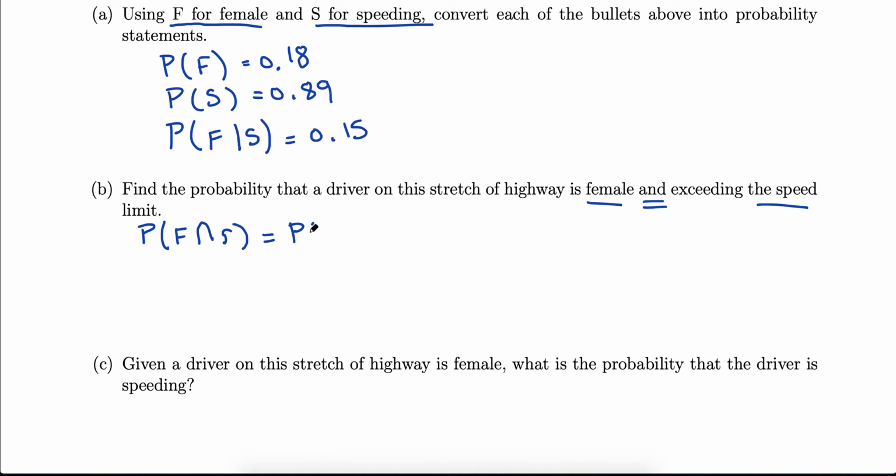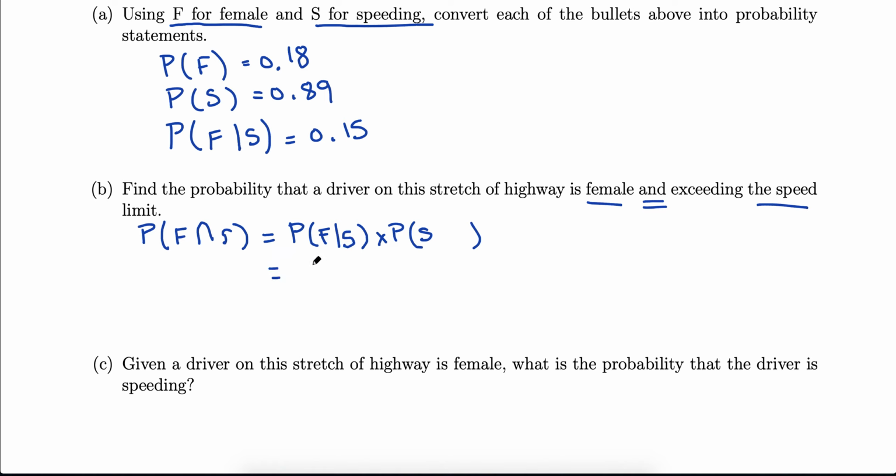So let's check out probability of female times probability of speeding. And then since we don't know if they're independent, we're not done yet. We have to go back and put a given in one of these terms. So up above, I know this, female given speeding, so that's the one I'll add the given onto, female given speeding. Now we're ready to go.